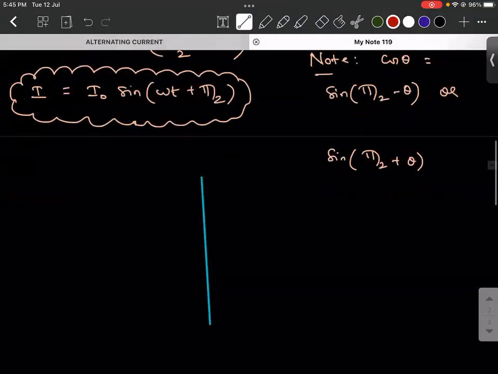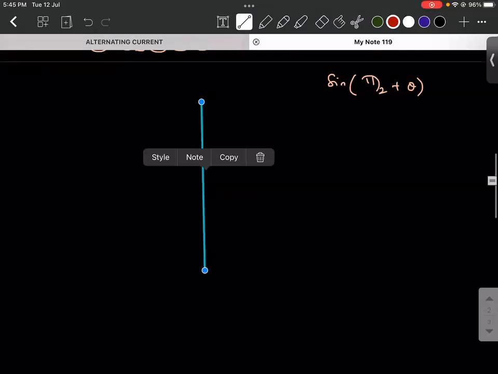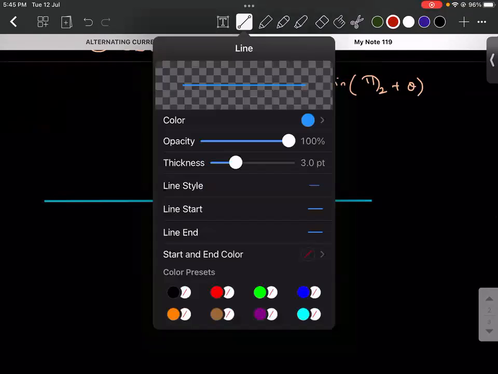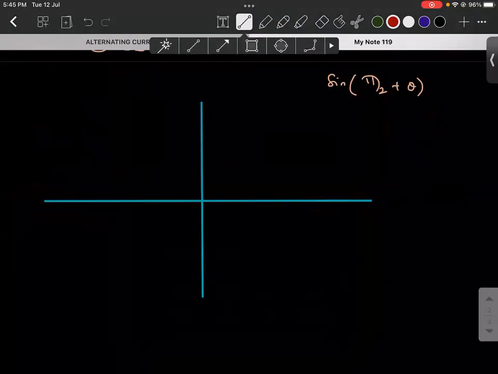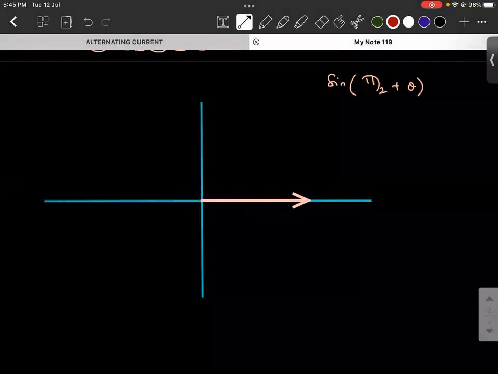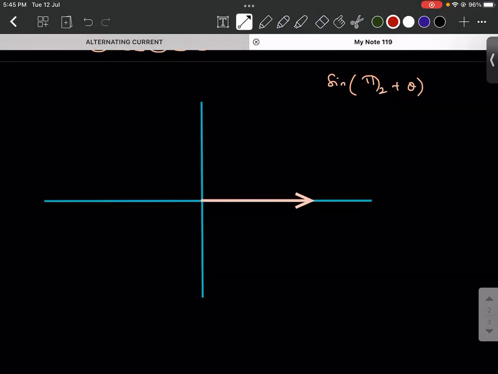So when I draw the phasor diagram for this, E is how much? What is the input value you took? E naught sine omega t. And what is happening to the current?